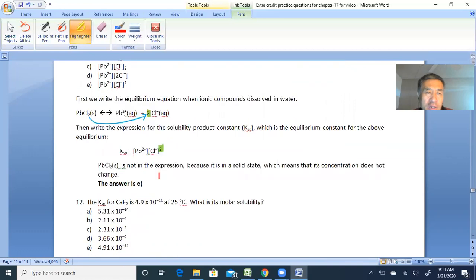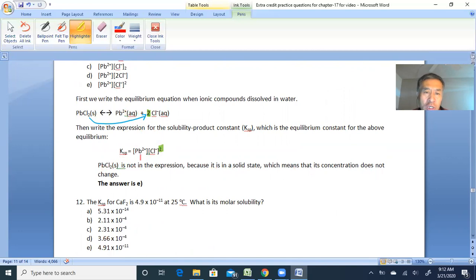So once you have the equilibrium equation, then you can write the Ksp. Typical as the Keq for the equilibrium, you write the products on the top and the reactant at the bottom, but you don't see the reactant at the bottom because the reactant is solid. Solid means the concentration does not change.